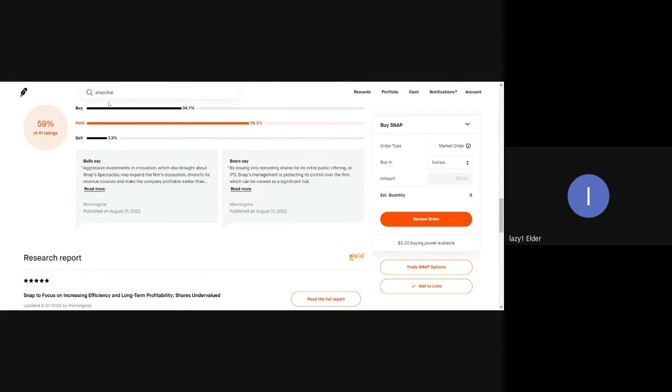So here, from the analysts, 34% would buy, 58% would hold. And what holding means is, if you already have some shares of Snap, just hold on to it. Don't buy any more, and don't necessarily sell the shares you actually have. Just sit and wait. And then 7% would sell.